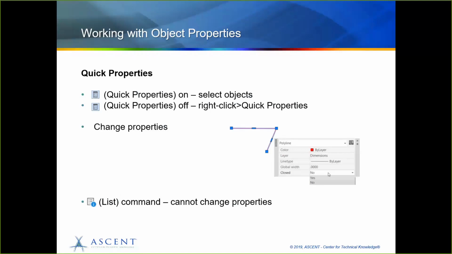The difference between the list command and the Quick Properties is that in the list command, you cannot change any property. But using the Quick Properties, as I mentioned, you can change the different properties which are provided in the Quick Properties panel.